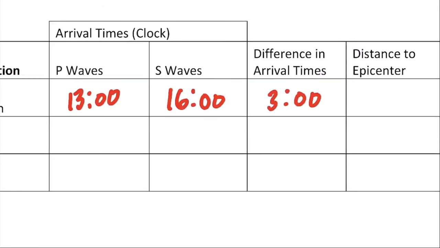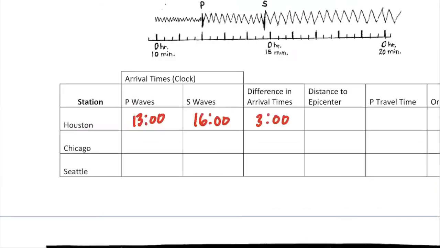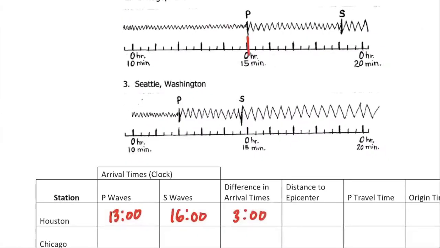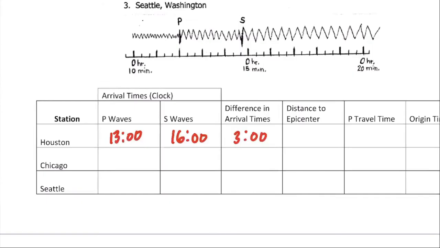If you just do that in your head, that's an easy one, right? All right, so Chicago's got 15 minutes, and it looks like about 19 minutes right there. So 15 minutes, and then 19. And then we've got a difference there of 4 minutes.